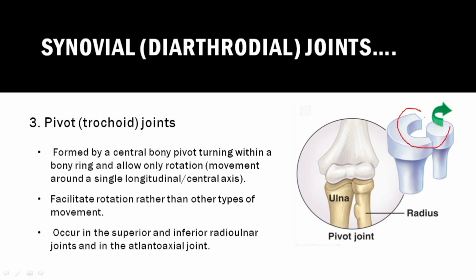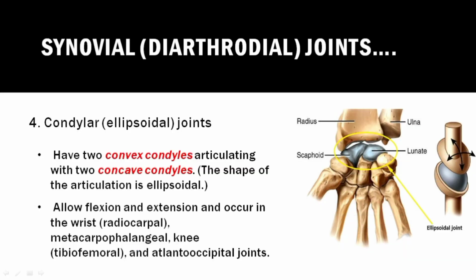We can see here they only allow rotational movement in a single central axis. They facilitate rotation rather than other types of movements. They can be found as the inferior radioulnar joint and superior radioulnar joint. We can also find them at the atlantoaxial joint.